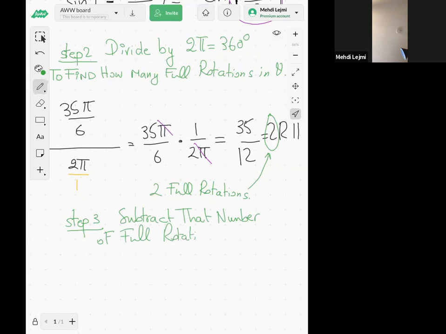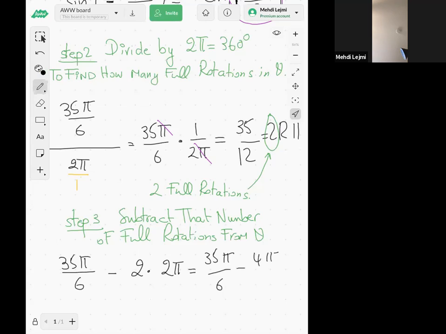My angle now is just a positive 35 pi over 6, and I have 2 full rotations in this angle. So I'm going to subtract 2 times a full rotation, and a full rotation is 360 or 2 pi. So it's 35 pi over 6 minus 4 pi.